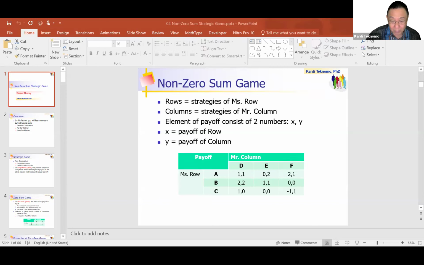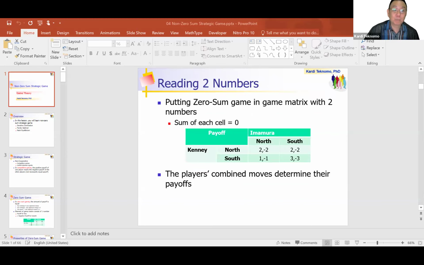If Miss Row plays C and Mr. Column plays F, Miss Row loses 1, Mr. Column wins 1. Clear, yeah? The meaning of this payoff matrix: the first number is for the row, and the second number is for the column.